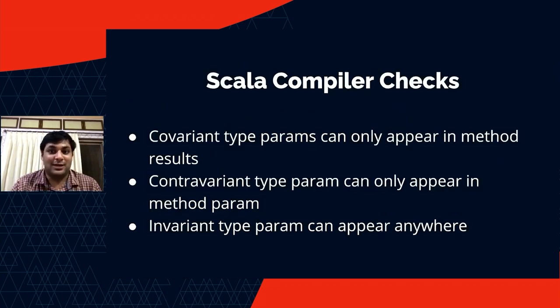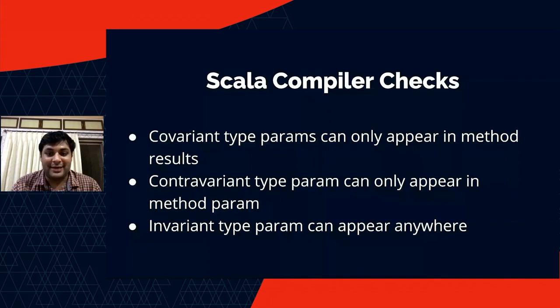Now we will go to the Scala compiler checks. Covariant type parameters can only appear in the method result, so it means that if you have a covariant type parameter T, it should only be present at the output type, the result of the function or the method.